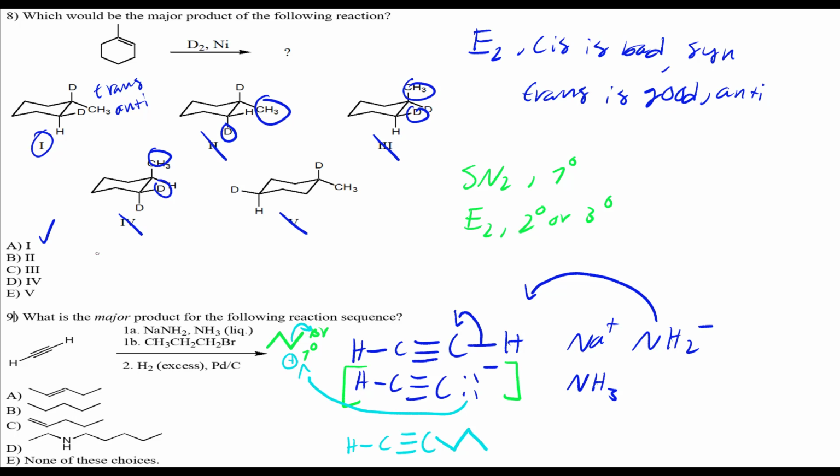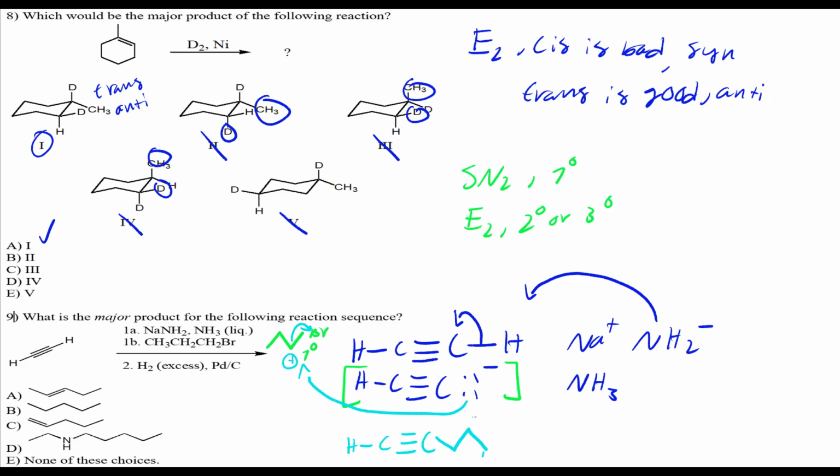For instance, I would take one H2 to get rid of a double bond, or to get rid of this bond, I would take another H2 and get rid of that bond. So what this is saying is that we have enough hydride molecules to get rid of all our triple bonds.